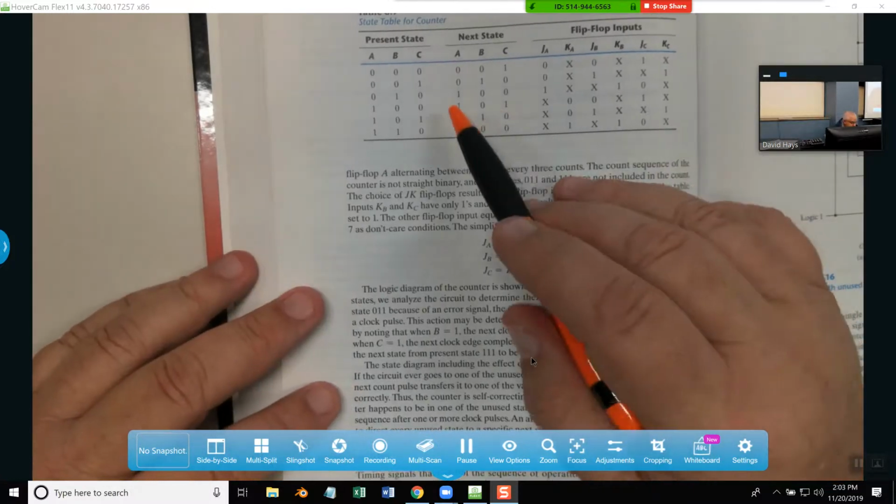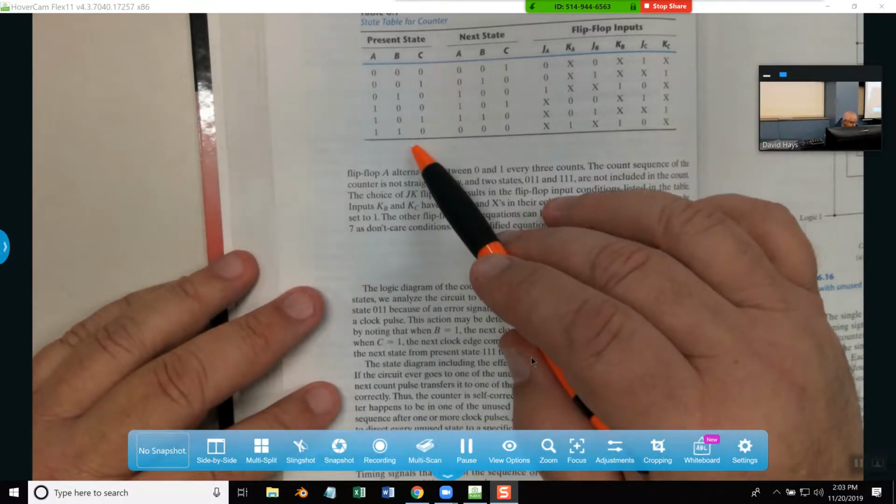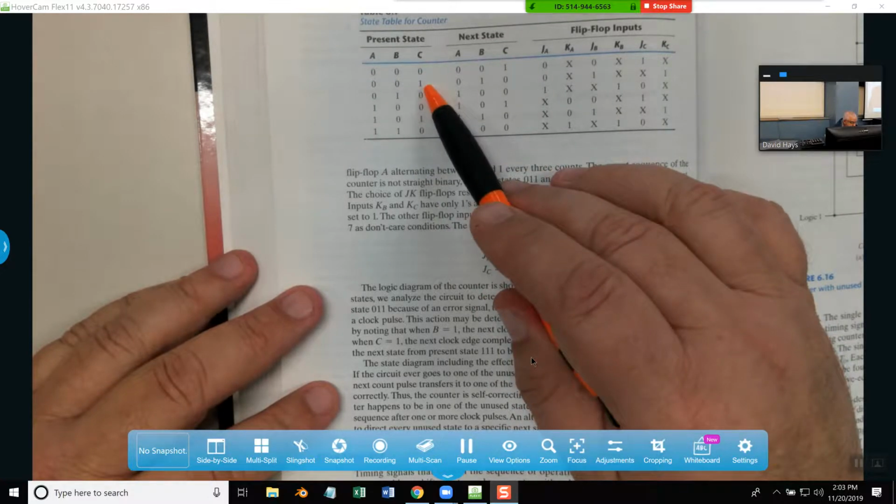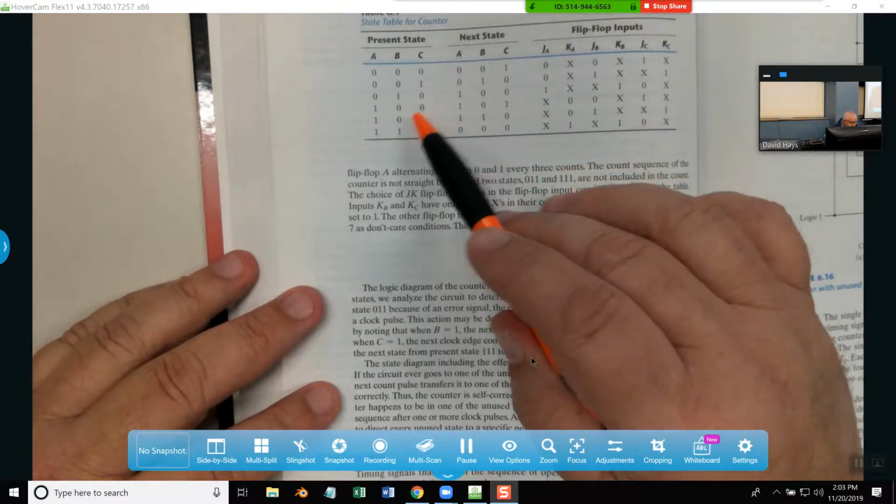Sure enough, it doesn't. 0, 0, 0, 1, 1, 0, 0, 0, 0, 1, 1, 0. So it's alternating back and forth like that.